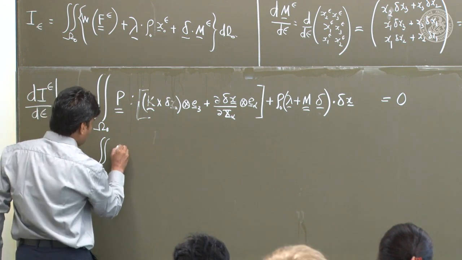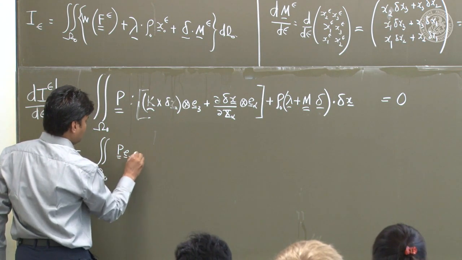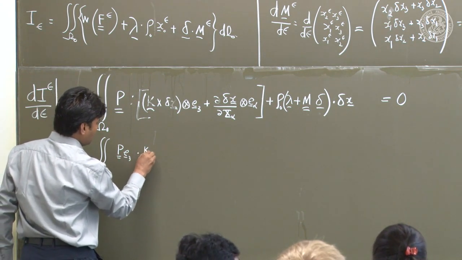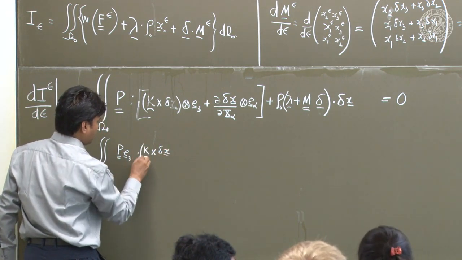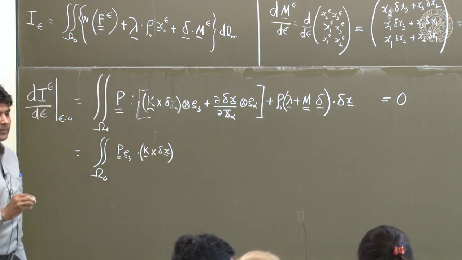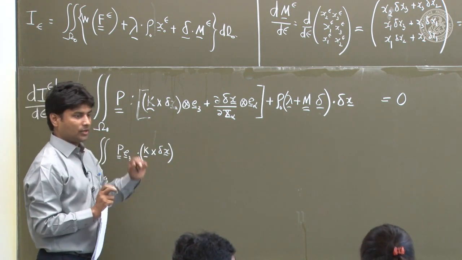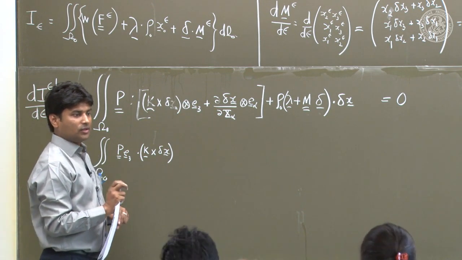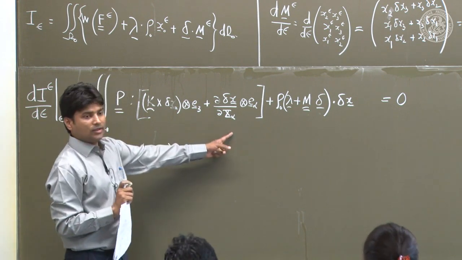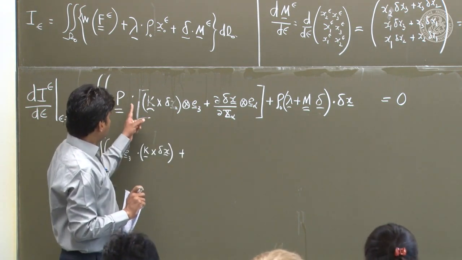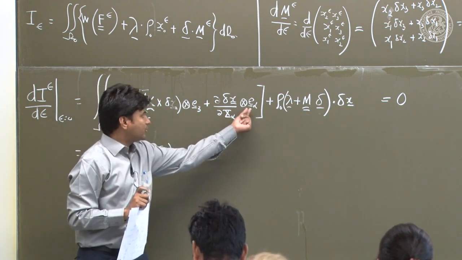This would be same as P E3 dot with K cross product del x, plus you come over here P double contraction, one vector tensor product the other one.